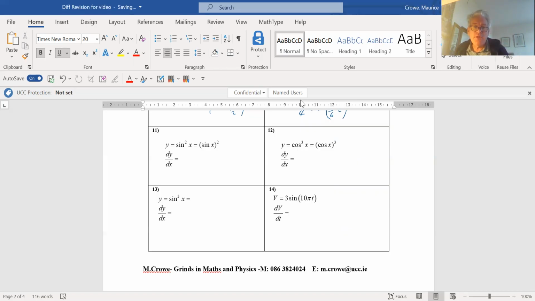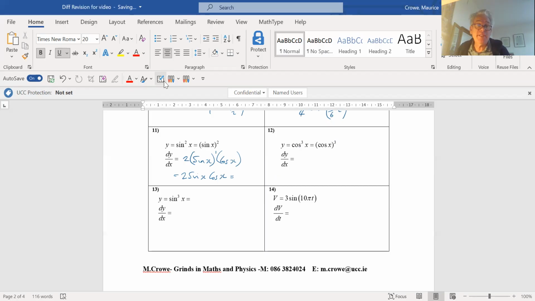And then follow the chain rule then again. 2 times the sine of x to the power of 1 multiplied by the derivative of that, which is the cos of x, and then 2 sine x cos x. Now, does anybody know what that is in the world of trigonometry? You don't have to know. Well, it used to be on a lot, it came up a lot in the old course.